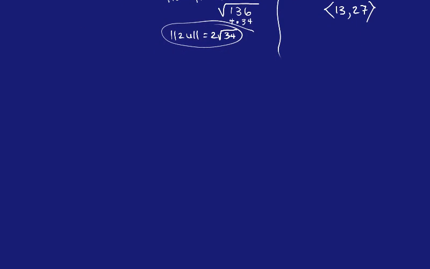What you do is you create a parallelogram. So let's go back to u and v. So u was u sub 1 and u sub 2, and v was v sub 1 and v sub 2.